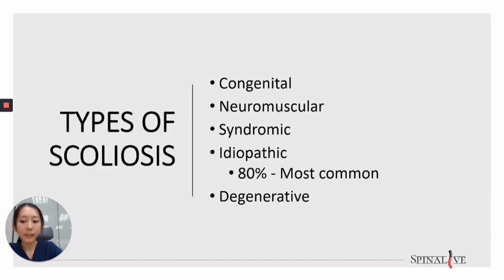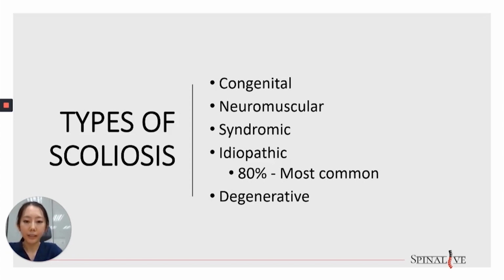So what are the types of scoliosis? There are several types. Idiopathic scoliosis is one of the most common ones, taking up about 80%. The rest would be congenital, which could be a wedge vertebra or block vertebra; neuromuscular, due to muscular dystrophy, paralysis of the limbs, or weakness of the muscles; syndromic, such as Marfan syndrome, a connective tissue disorder, or even neurofibromatosis, which is a tumor to do with the nerve tissues.